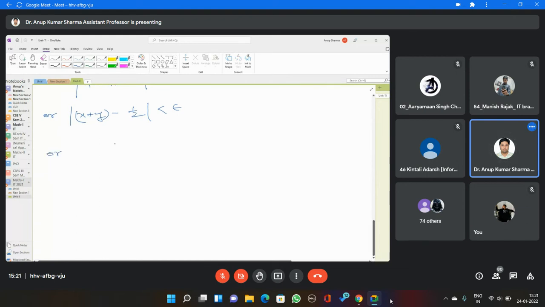Now we can write x plus y minus half in this manner, less than epsilon. By the properties of the modulus, we can write mod of x plus mod of y minus half less than epsilon.